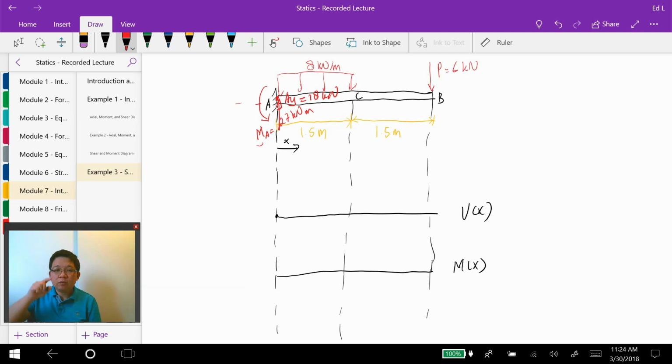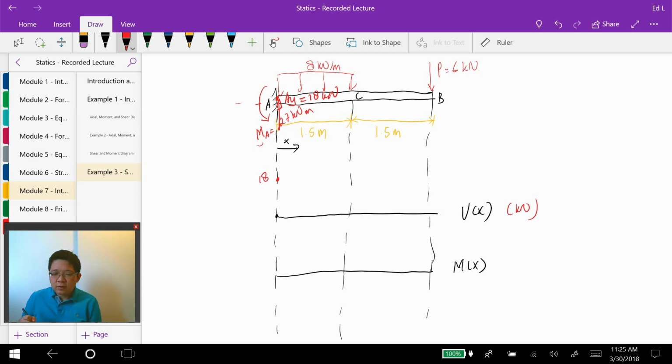At point A, we have a reaction force going upward, 18 kilonewton, so our shear diagram should start by jumping upward, and the magnitude of that jump is also 18 kilonewton. So in here, we start with 18 kilonewton.